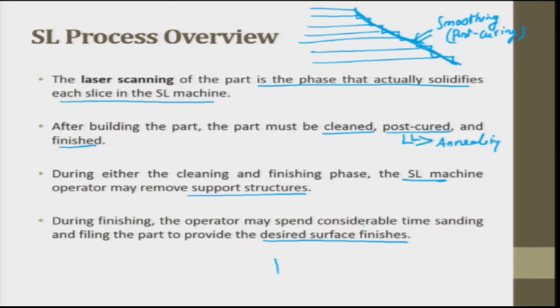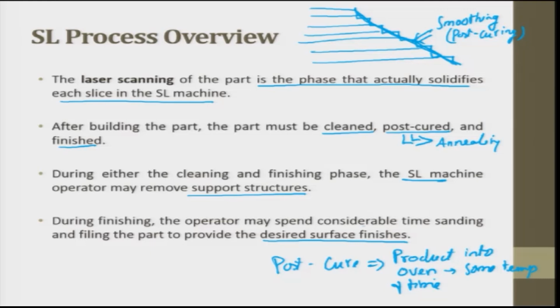So, here what we do in post cure, we put the polymer product into an oven, for some temperature depending upon the polymer, and hold it for a time. So, we make sure all the networking between the monomers which was initiated has to be completed. As such, in polymers 100% or 99.9% curing happens over a period of time.